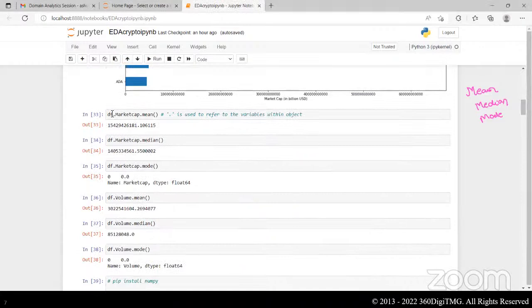So here I am saying df.marketcap.mean. Take this market cap from the data frame df and calculate the mean. When you calculate the mean, you have this value. When you calculate the median, you get the middlemost value.